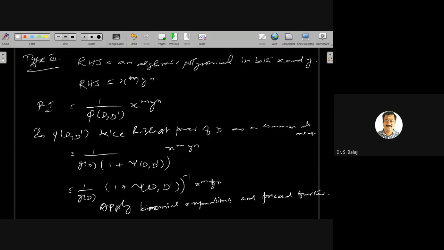But in the expansion, we can stop the series depending upon the highest power, either m gets the highest value or n gets the highest value. Suppose we have y cube, then you have to proceed up to d dash cube.